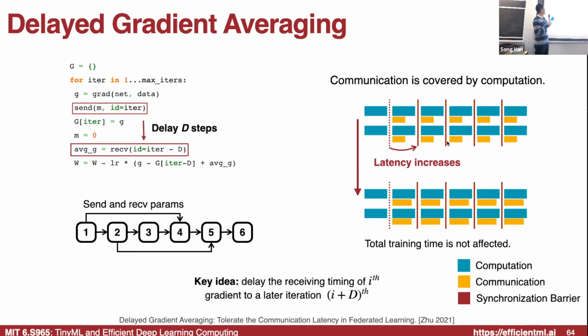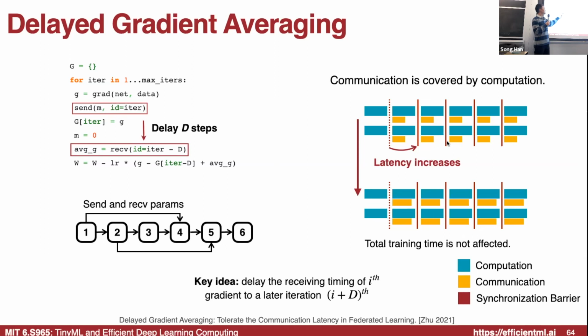And then we receive the gradient from other nodes that was generated d times ago. So we are now at timestamp 4, and finally we can receive the gradient that was generated at time 1, t1. So we receive that to get the average gradient from all the servers.